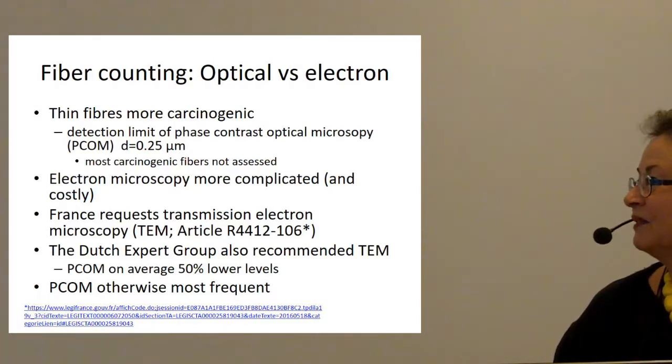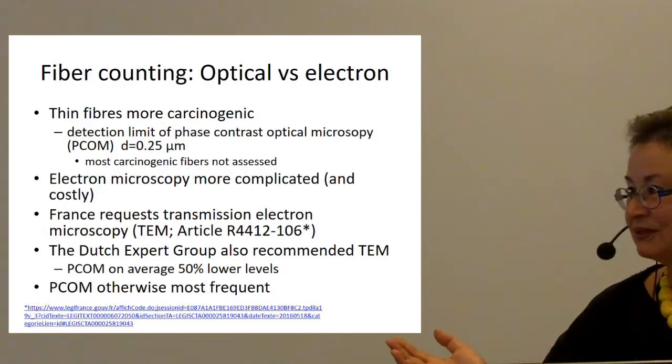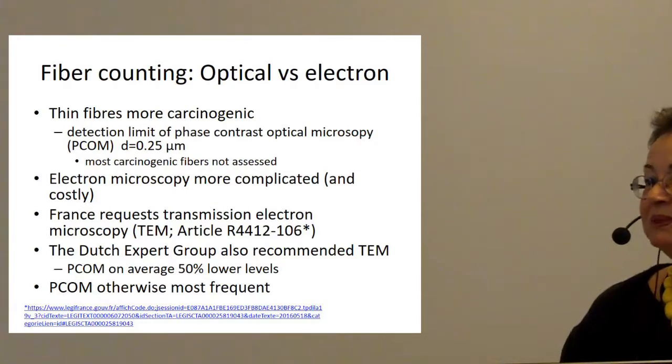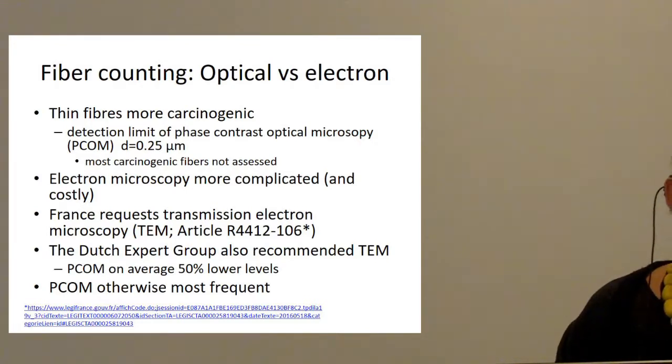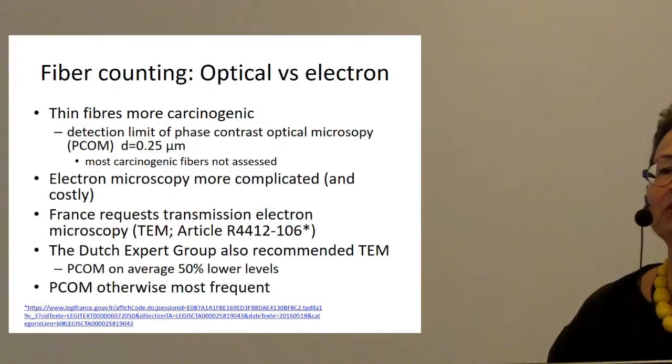And they also say that if you want to compare the levels with transmission electron microscopy and optical microscopy, it's about 50% of what you get with the optical microscope. But this is just averages, because it will vary with the process and the fiber quality.